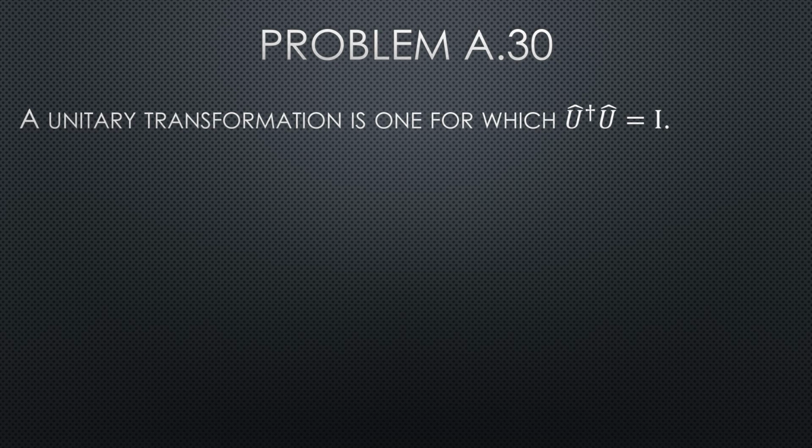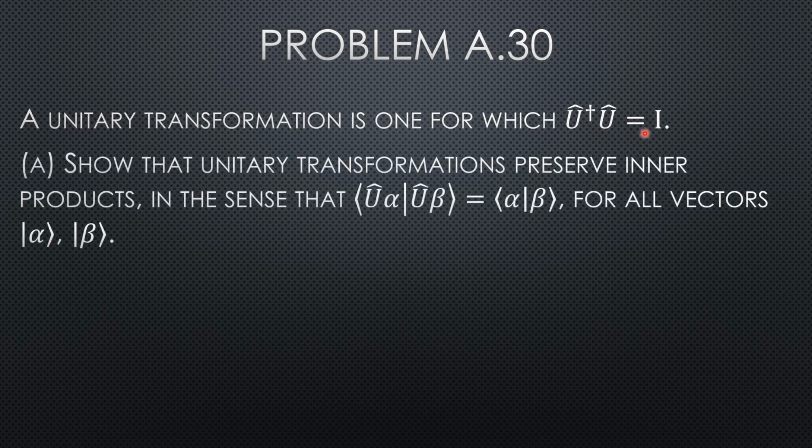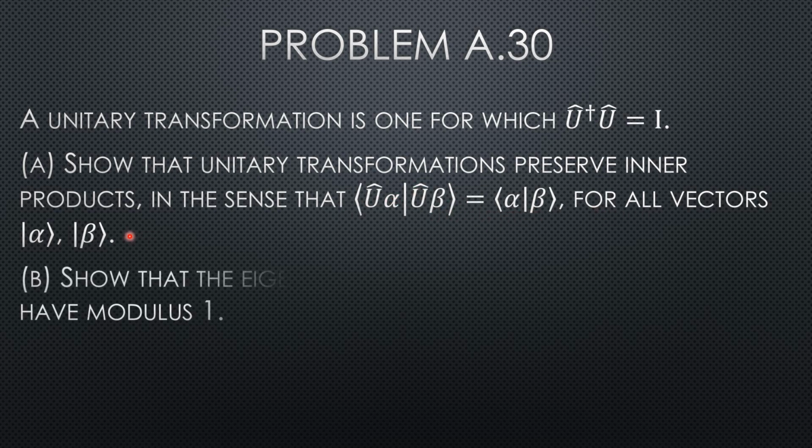In our problem today, A.30, a unitary transformation is one for which U†U equals I. So part A, show that the unitary transformations preserve inner products in the sense that ⟨Uα|Uβ⟩ equals ⟨α|β⟩ in the inner product for all vectors α, β.